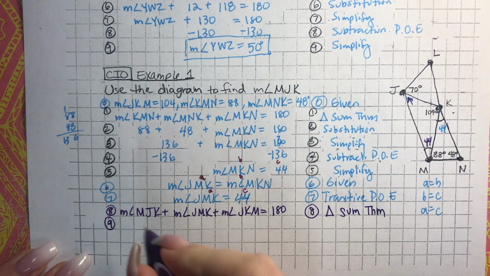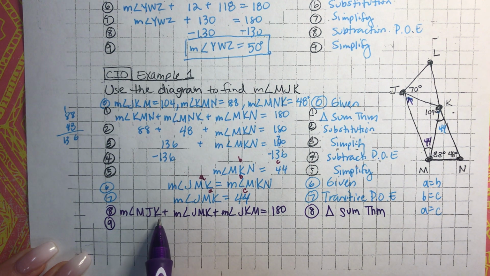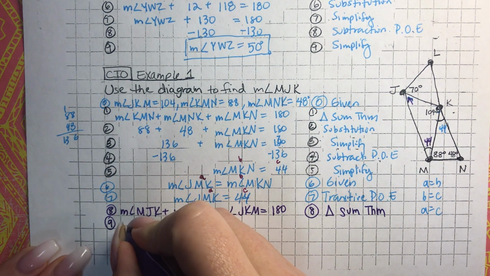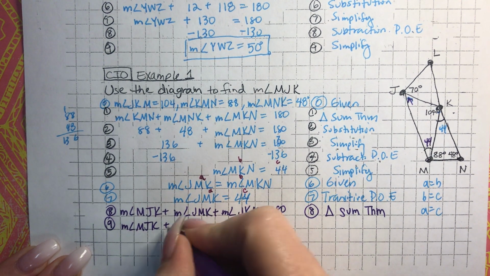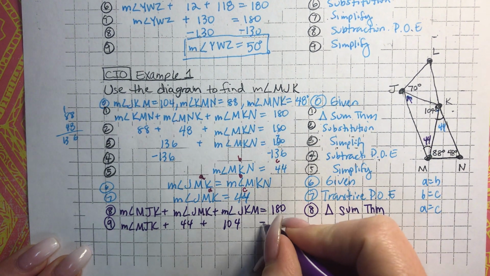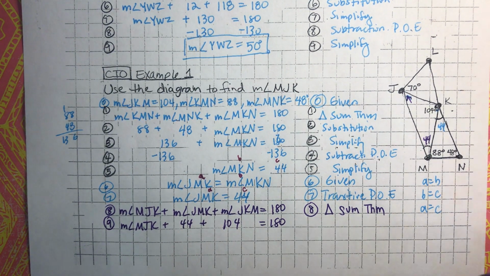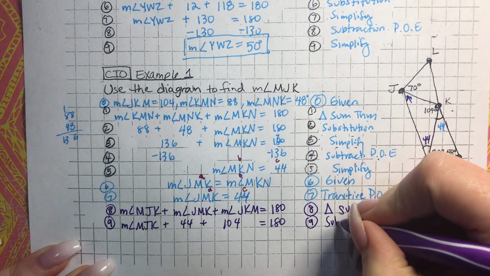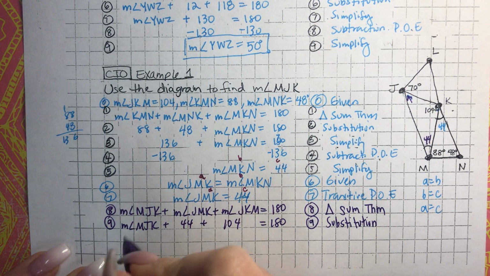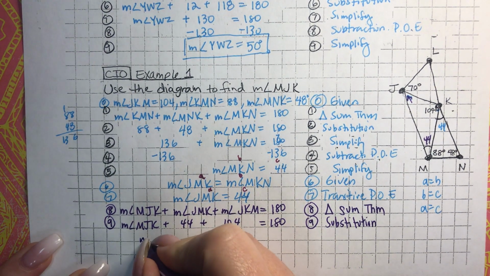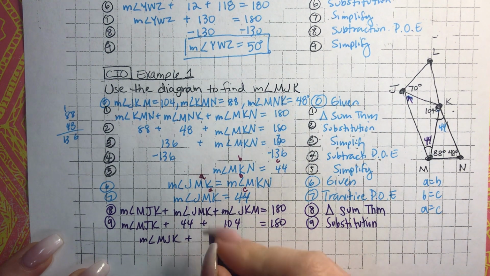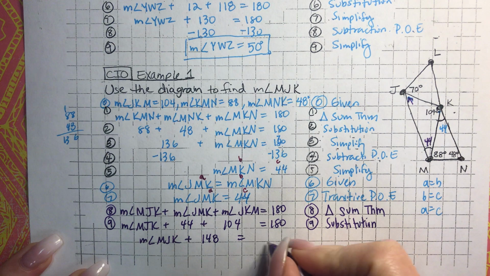Then we just substitute in. MJK, that's the one we're trying to figure out. JMK, that's 44. Plus JKM is 104 equals 180. So that's substitution. And then we just have to simplify. What's that? 148 equals 180.